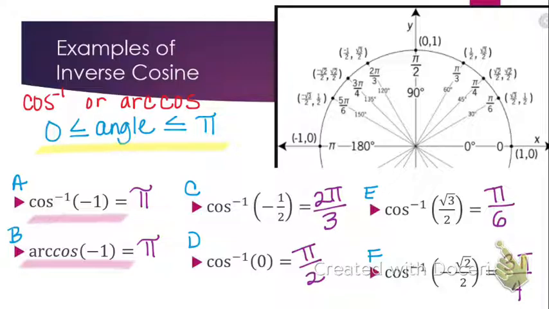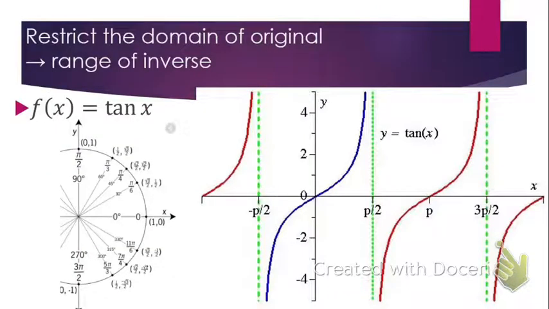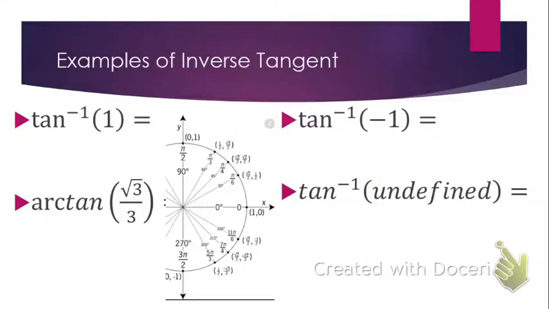All right, so last for today is our inverse tangent. Inverse tangent has the same restriction as sine. Same restriction as sine. We're back to quadrants 1 and 4. So take a moment and copy down these 4 examples.